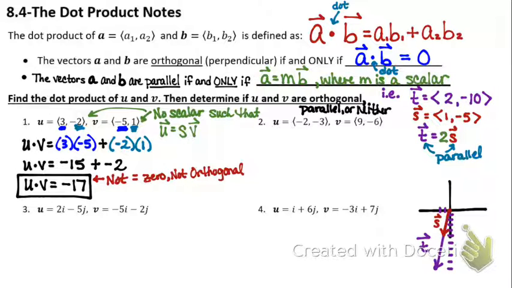So not parallel. So if they're not orthogonal and not parallel, I would say what? Neither.